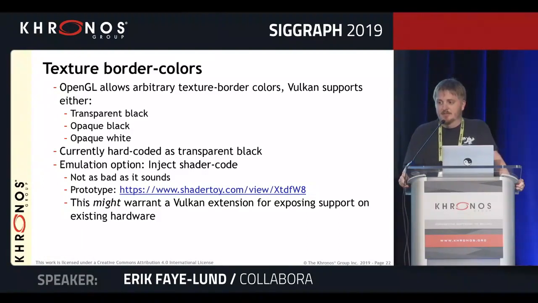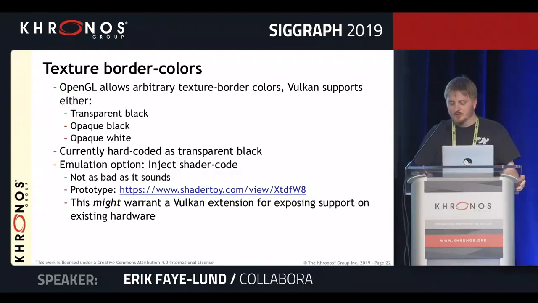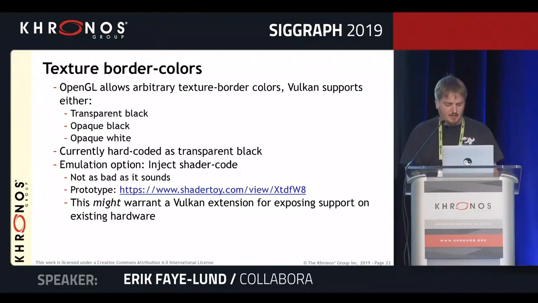So I haven't seen this be a problem in any other places than in synthetic tests. But we can solve it by injecting some shady code. It sounds awful, but it's actually not quite as bad. There are some pretty efficient ways of doing it where you can offload some of it to some of the pre-existing border colors and blend in the result in the end.